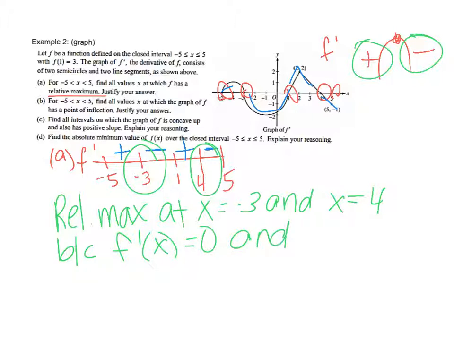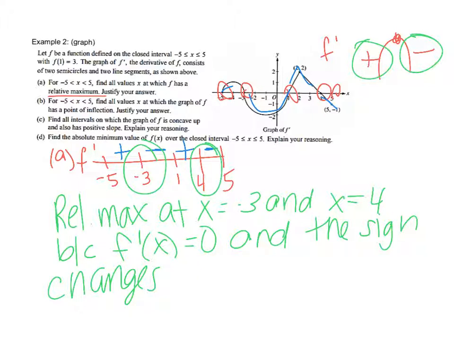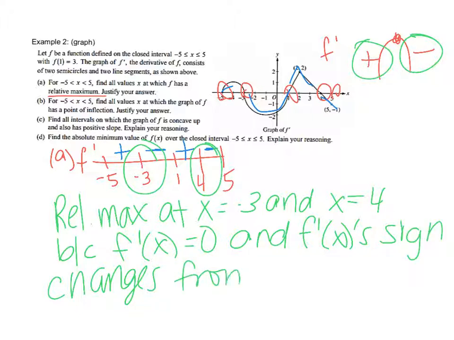And now I have to justify why it's a relative max. F prime's sign changes from positive to negative.